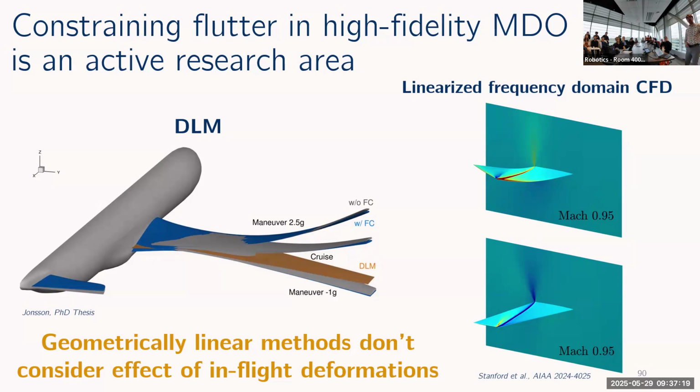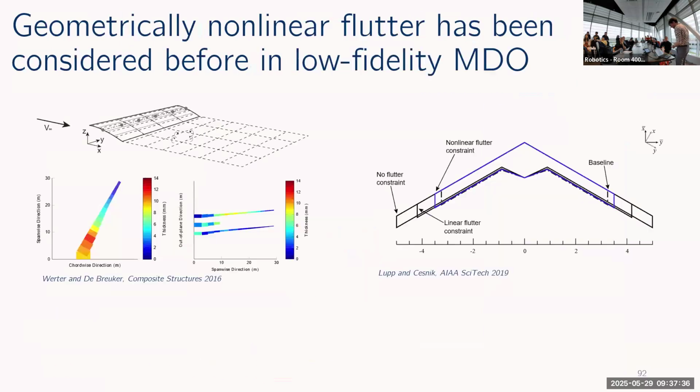But really, for a wing that flexes this much, we need to consider how the in-flight deformations of the wing affect its natural vibration modes and how that affects flutter stability. I refer to that kind of analysis as geometrically nonlinear flutter analysis. Geometrically nonlinear flutter constraints have been included before in aerostructural MDO, but only with lower fidelity models.